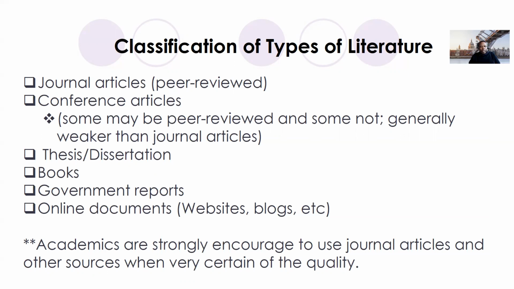That takes me to go back again to government reports. Some government reports can be biased as well, depending on who is in power. However, academics are strongly encouraged to use journal articles whenever possible and other sources when very certain of their quality.